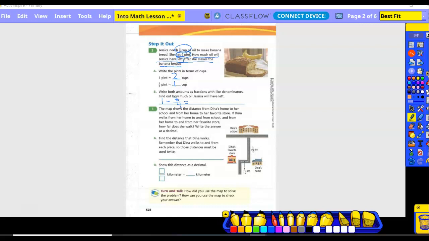Not 1 over 1, but 4 over 4, right? Because 4/4 is also 1. And then can I take 3/4 from it? Yes. So 4/4 minus 3/4 equals what? 1/4. Oil. Not pint. Cup.